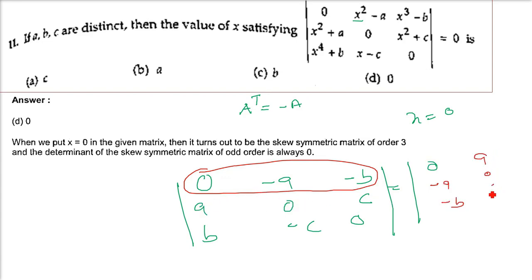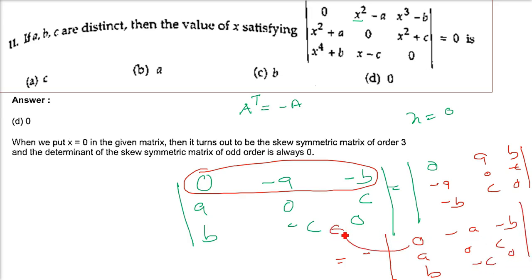B, minus C, 0 I am making as a column. And now let us take negative 1 common. So when we take the negative sign, it will be 0, minus A, minus B; A, 0, C; B, minus C, 0. So A transpose is equal to negative A. So what does it mean? It is skew symmetric.